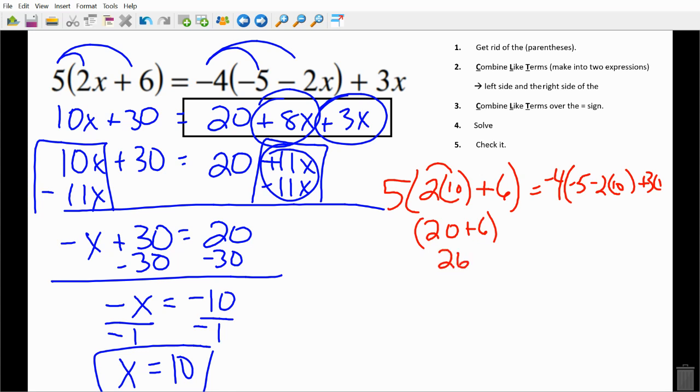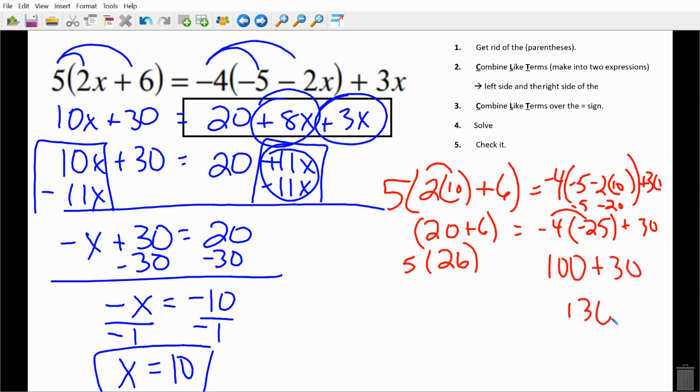So that's going to get me 26 times 5. This is going to get me negative 20, negative 5. So that's negative 25 plus 3 times 10 is 30. A negative times a negative is a positive. So that's a positive 100 plus 30, giving me 130.